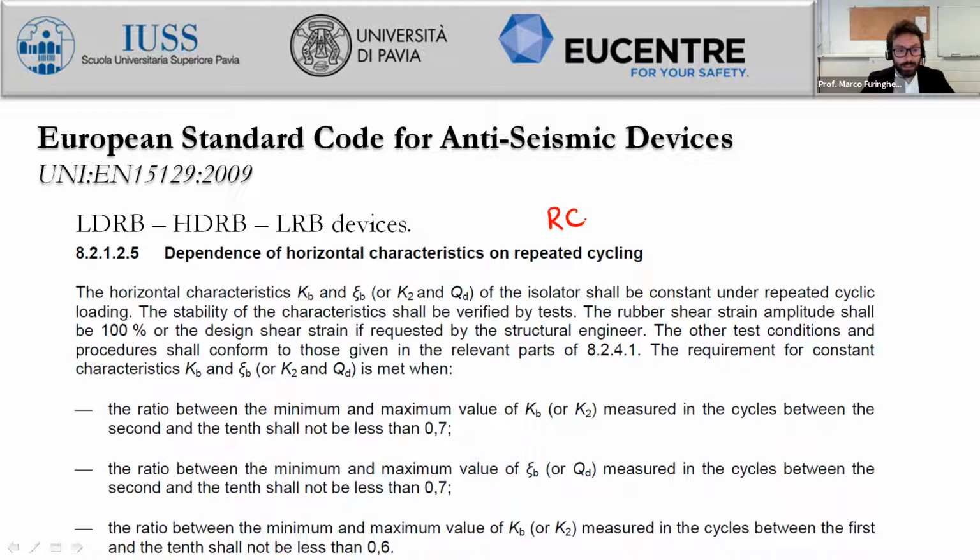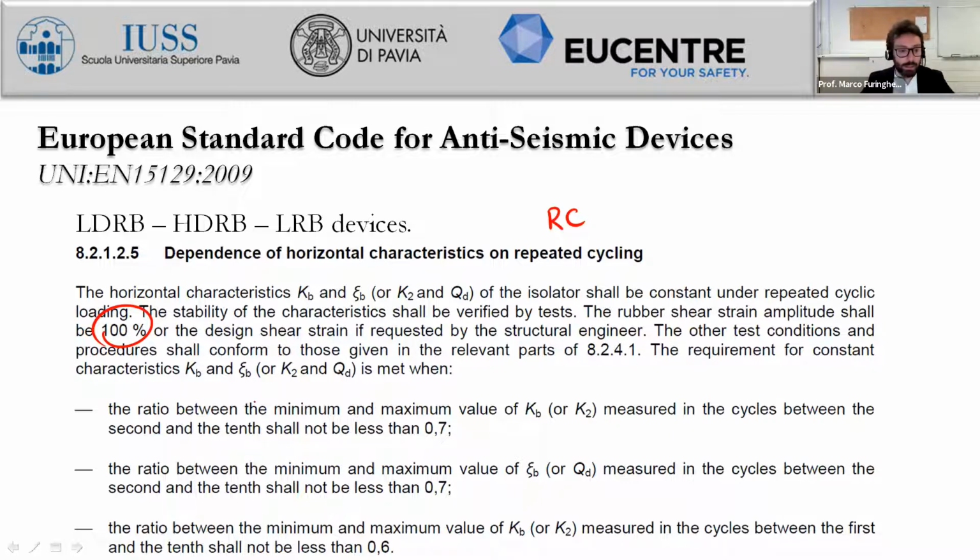And actually, it is again for the evaluation of the mechanical properties, effective stiffness and damping ratio for the rubber bearings, rather than post-yield stiffness and strength for lead rubber bearings. Repeated cycling loading at 100% of shear strain if requested by the structural engineer, but generally this is a key reference.